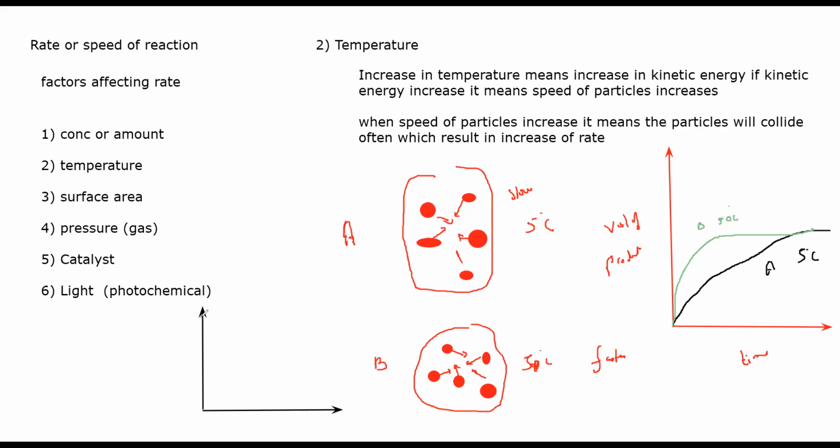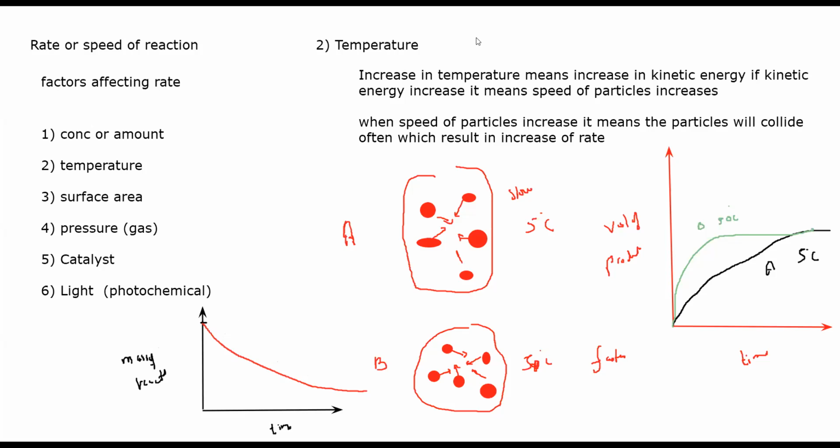In the same way, if we sketch the change in mass of a reactant, or amount of reactant, with respect to time, in the beginning it will start with a maximum value of the reactant, and then it slows down, and eventually it will stop.